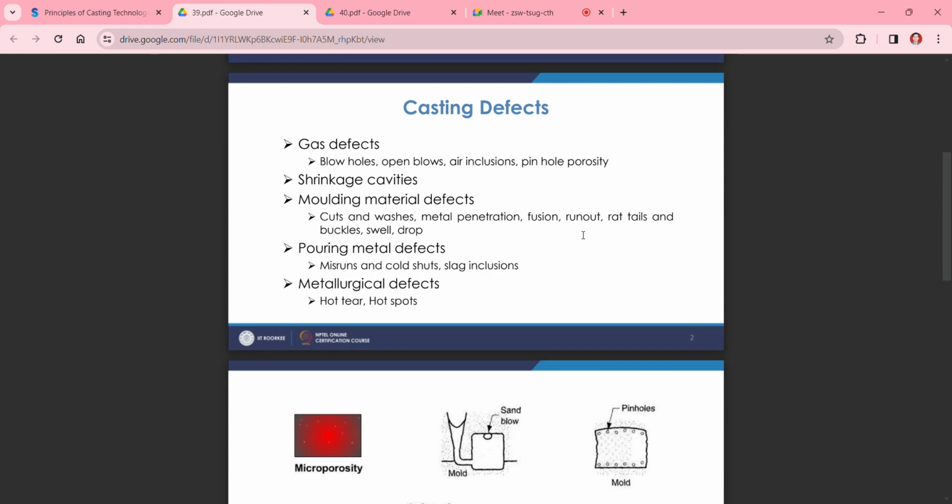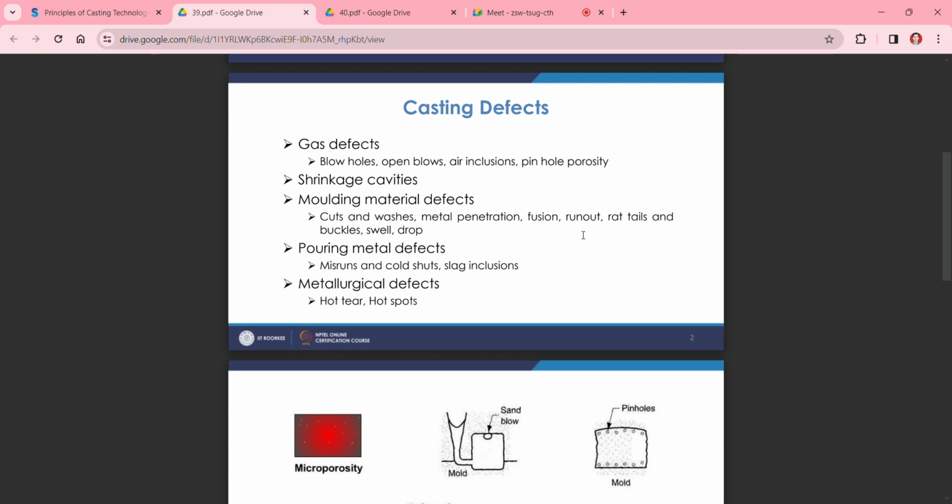During burning, what happens is that burning requires oxygen. So during that burning process inside the mold, whatever oxygen is present inside the mold is consumed. The air is consumed due to that burning, so there will be no air present inside your mold now.